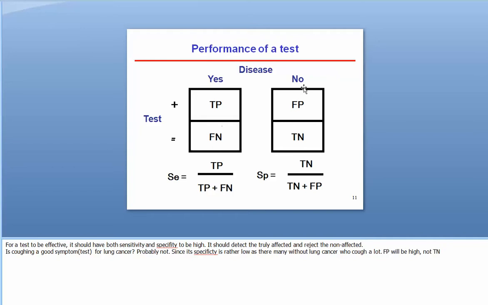And then to get the specificity, you take the proportion of true negatives out of all those who were not affected. Okay. So now, for a test to be effective, both sensitivity and specificity should be high, right? You guys agree with that?